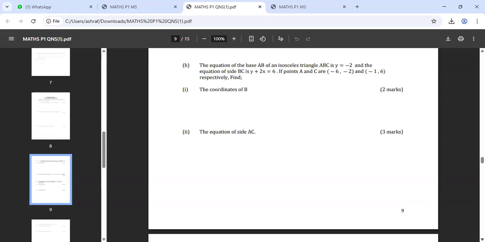So you can just draw the triangle, put the coordinates that you are given and the equations that you are given. Then we can now answer the question. Draw the triangle, put the coordinates, and then let's answer the question.